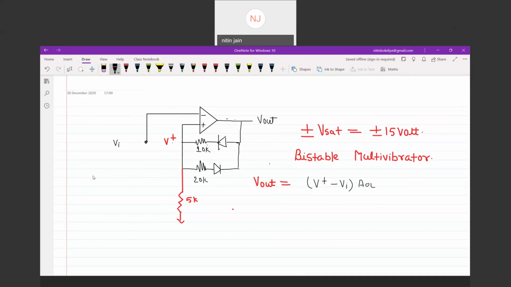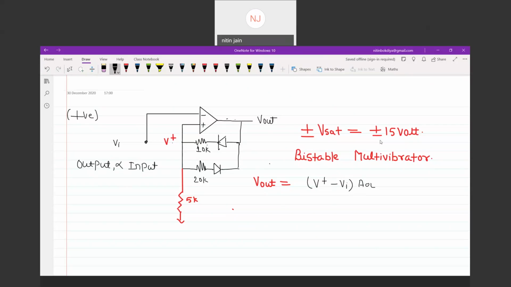I want a curve between the output voltage and the input. This op-amp will anyway saturate because only positive feedback is there, and if it saturates, one thing is sure: the V output will stay at plus 15 volt or minus 15 volt.